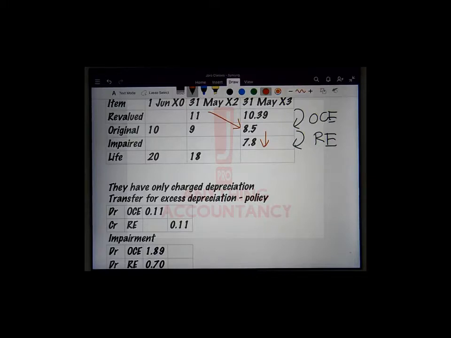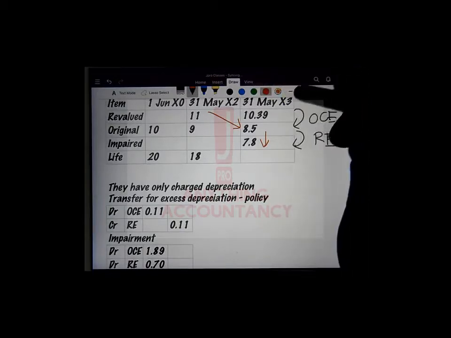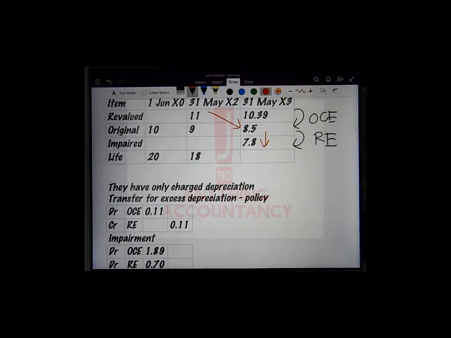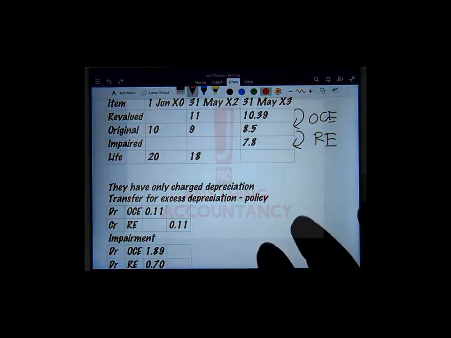Transfer of excess depreciation. Yes. Wait, it'll actually not be going that way, sorry. If there is no transfer, hold on. I better make a note about this, so that you catch it.